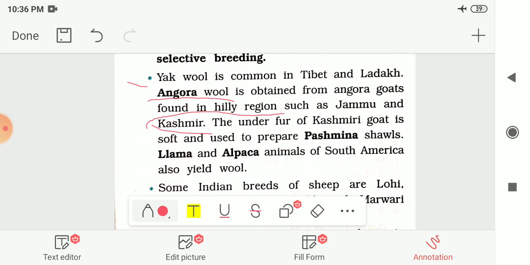The underfur of this Kashmiri goat is soft and is used to prepare pashmina shawls, which are very famous shawls of Jammu and Kashmir. Then we had seen llama and alpaca. These are also animals of South America, and people are getting wool from these animals.